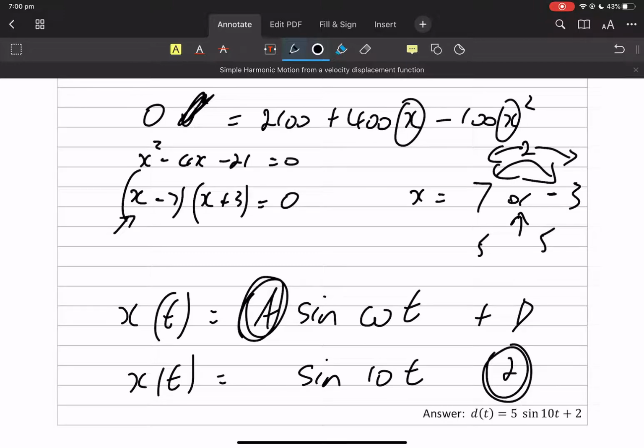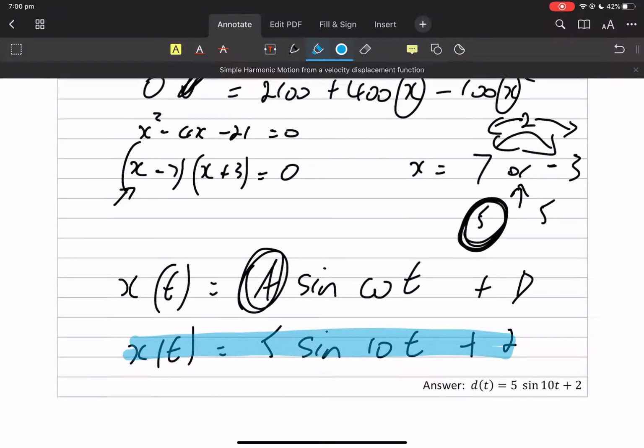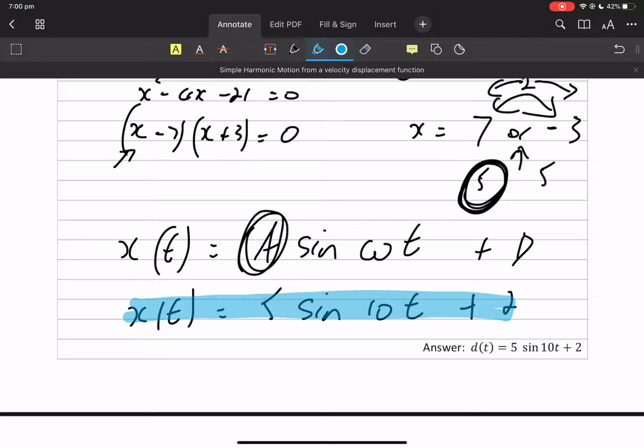It's 5. So what's the amplitude of our function? It is 5. So there is our displacement time graph showing simple harmonic motion.